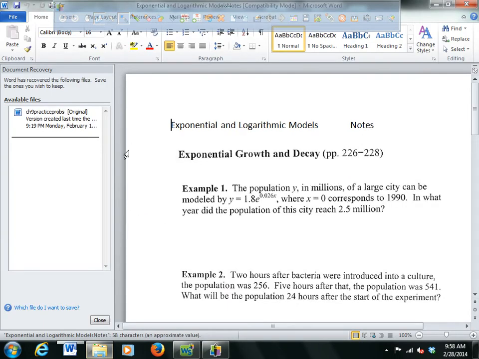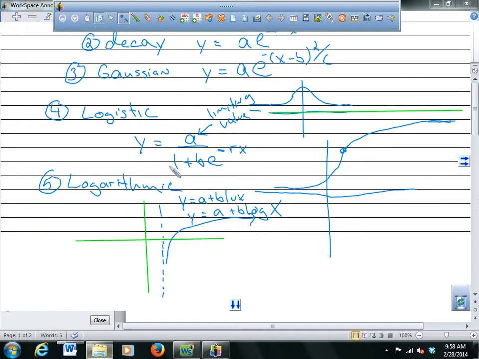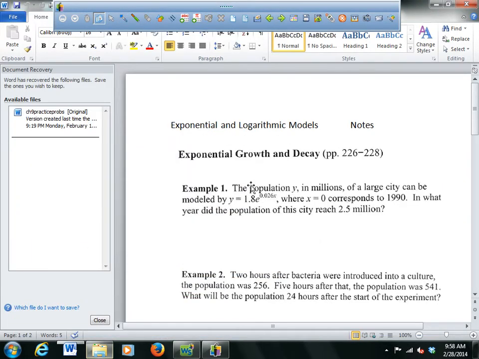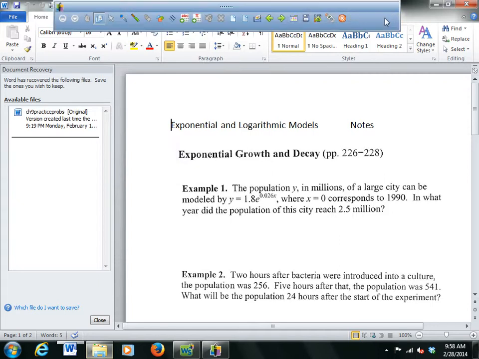So for the first one, if you saw a problem like this, most of these you could solve using a graphing calculator, but I don't really want you to. I want you to know how to solve them abstractly, even though at the end you're going to have to use a graphing calculator anyway. If you took a test, I'd want to see the algebraic work, where you plug in log of something at the end.